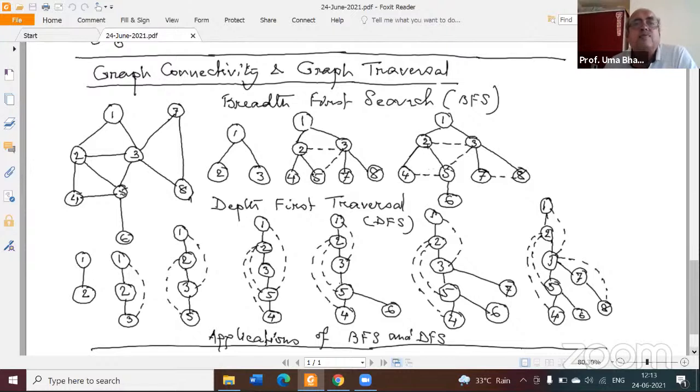After 7, we can go to 8 and we can go to 3. Why are there some differences? Because depending on which one you take first, the shape of the tree may change the way it evolves.